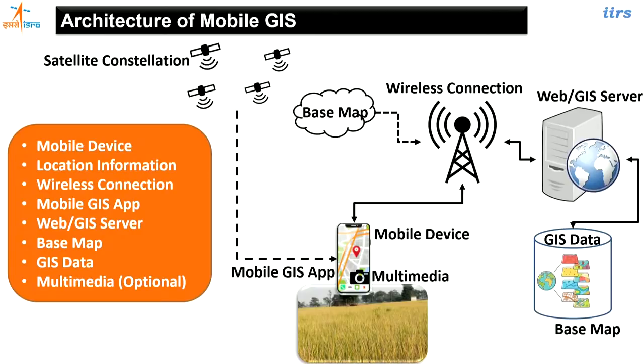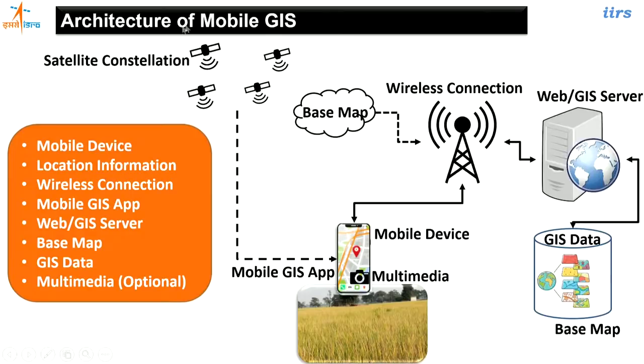This is a very simple architecture here, not a very complex one. What are the components of a particular mobile GIS application? I need to have the mobile device in the field. This mobile device should be capable of capturing the location information. From where will that location information come?